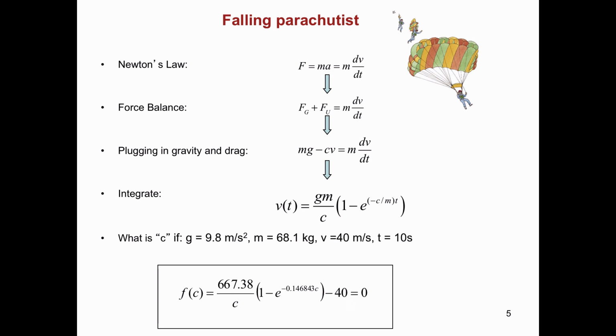At that point, I know that my mass times acceleration equals the gravity that is pulling the parachutist down minus whatever drag force, or resistance, I have. The shape of the parachute is basically designed to provide the most resistance.